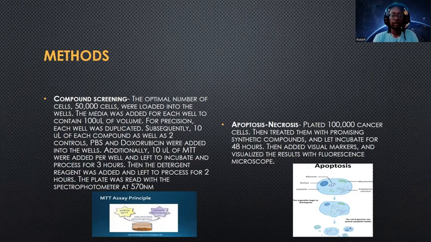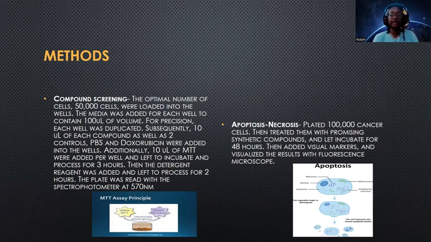For compound screening, the methods go: I loaded the optimal number of cells, which is 50,000 cells, into each well, in their own wells. And then media was added so the final volume was 100 microliters. And for precision, I duplicated each well.